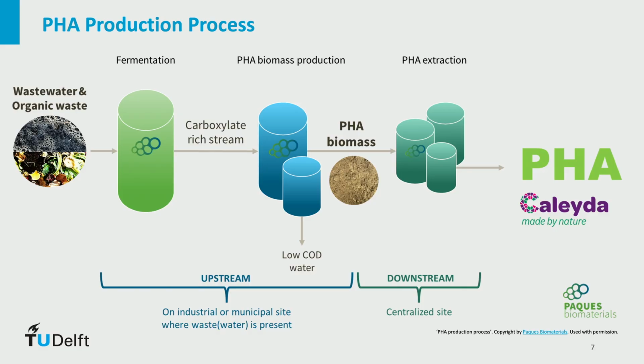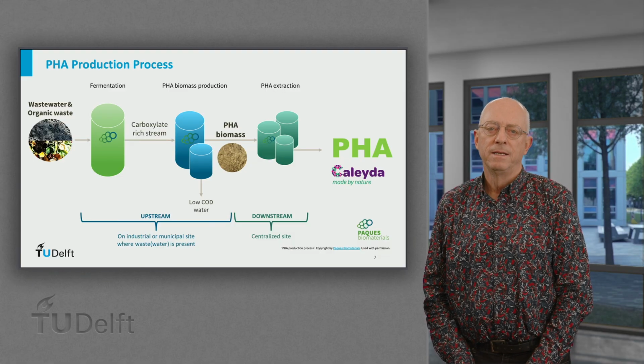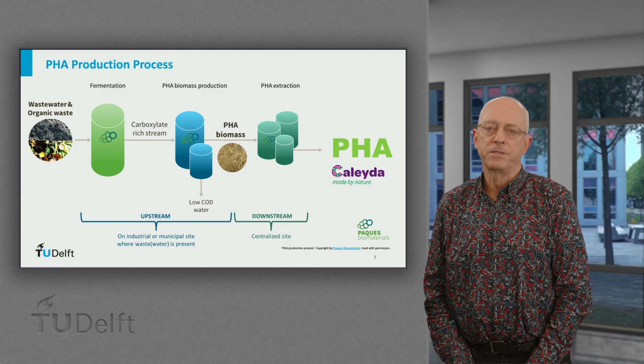The resulting PHA-rich biomass, containing up to 90% PHA, is then transported to a PHA extraction facility. The enrichment can be done on-site, near local wastewater streams, while the extraction can take place at a centralized facility. Finally, the extracted Caleida PHA can be supplied to the chemical industry to produce bioplastic materials.